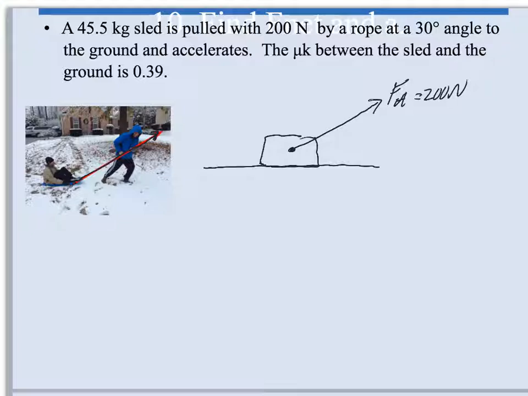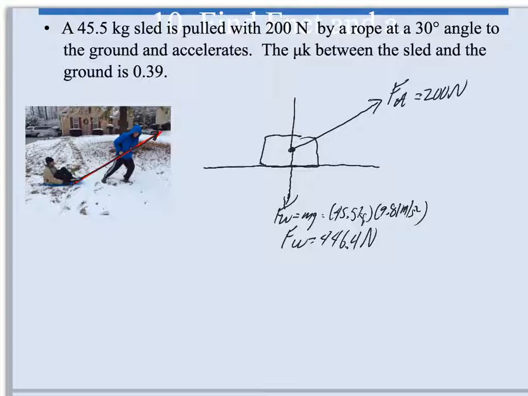We know that the weight is going to be Fw, and we know that Fw equals mg, and mg would be 45.5 kilograms times 9.81 meters per second squared. So we know Fw is 446.4 newtons.